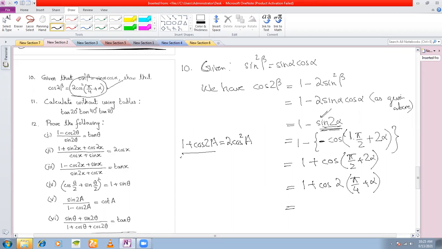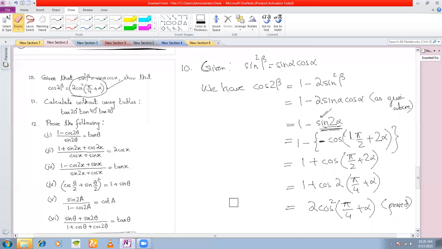Now this is of the form 1 plus cos 2a, which can now be written as 2 cos square of pi by 4 plus alpha, which is equal to your right hand side. That is proved. We have not taken the left hand side, so no point writing the right hand side. So this is proved. Clear? Everything is about formulas. If you don't remember the formulas, you will not understand anything.